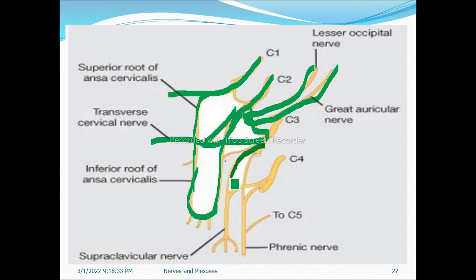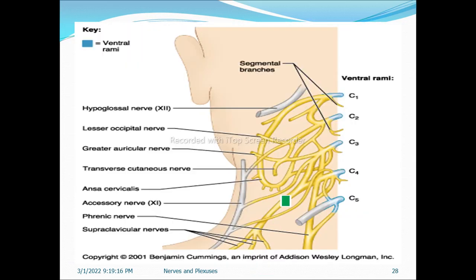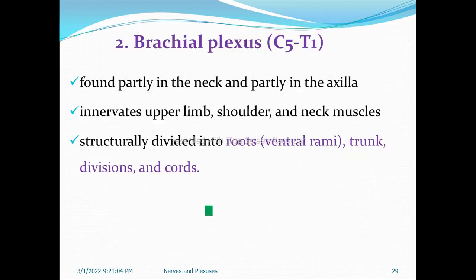From C3 and C4 they form the supraclavicular nerve, and from C3, C4 and C5 they form the phrenic nerve. So you can draw it just like this. This is the root, and this is the division.